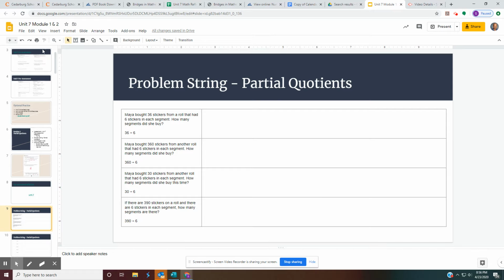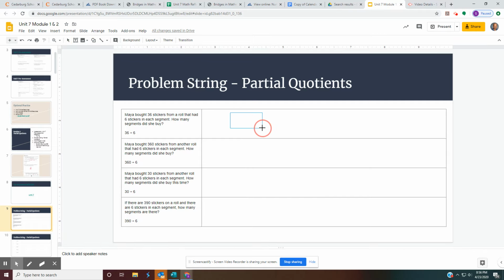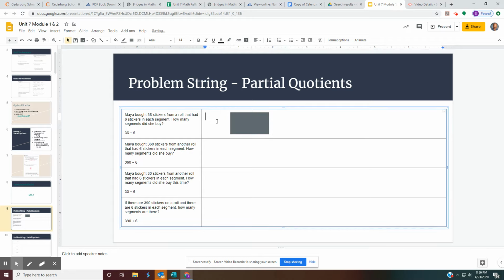So remember, when we do our division, we are really just dividing the number for this first one. It says Maya bought 36 stickers from a roll that had 6 stickers in each segment. So how many segments?